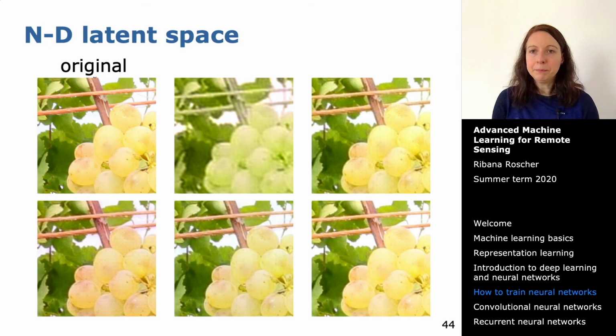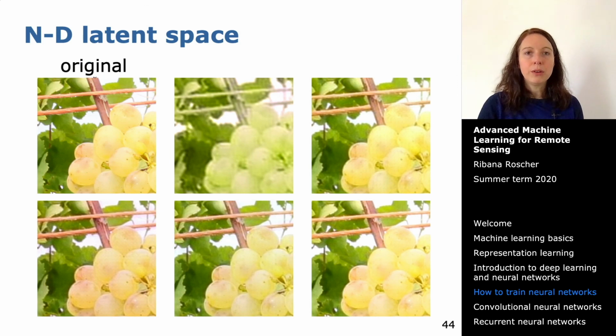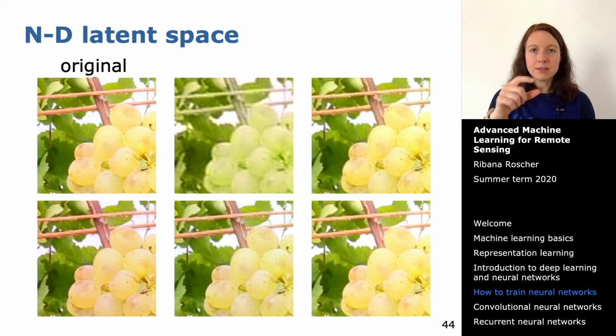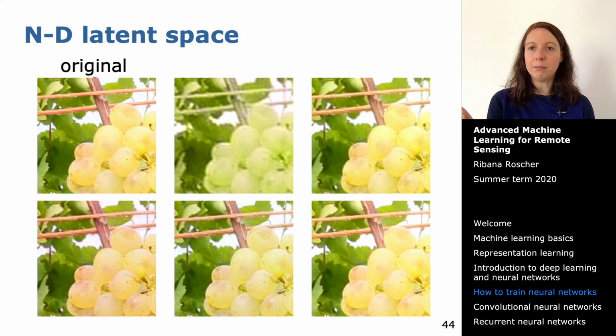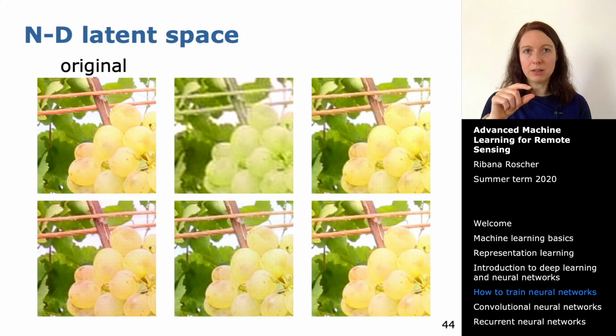As an example, I told you that in the bottleneck layer you have this latent space, and this latent space is much lower dimensional than the input space. What you can see here is a part of a grapevine, with the original image in the upper left corner, and different sizes of the bottleneck layer.